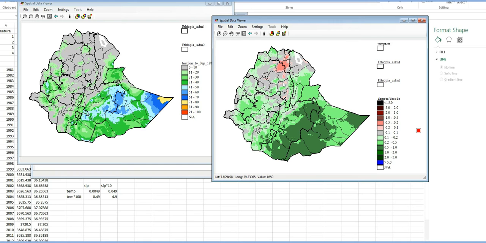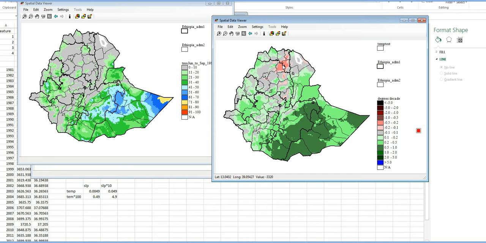But then here is 38 degrees and so forth, right? Okay, so when we calculate the trend for that temperature using the data multiplied by 100.